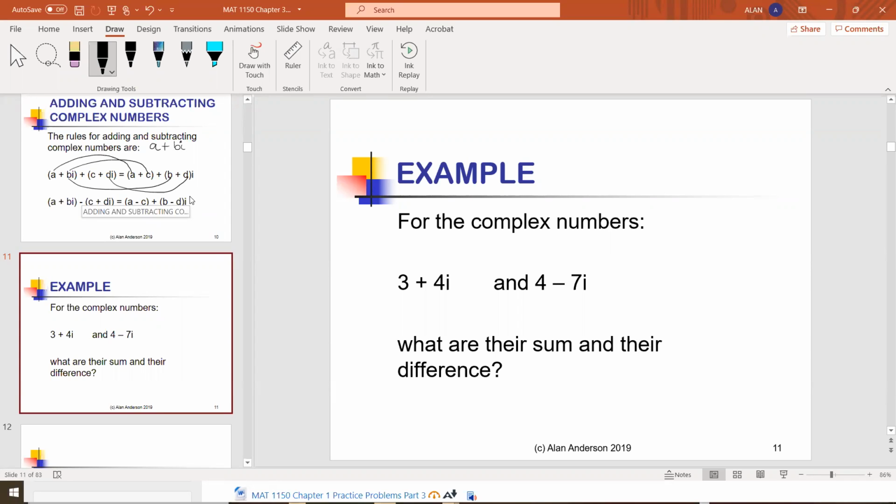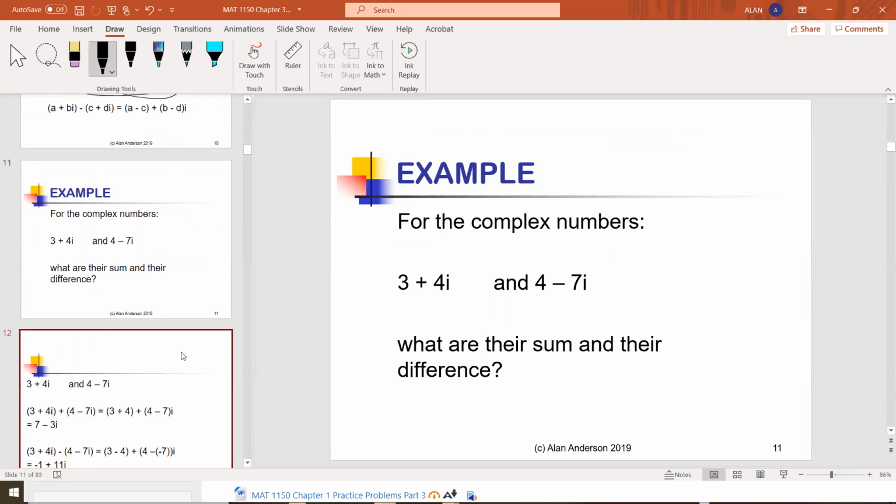All right, why don't you take a minute and figure out the sum and the difference? All right. I suspect that you're done by now, or just about.